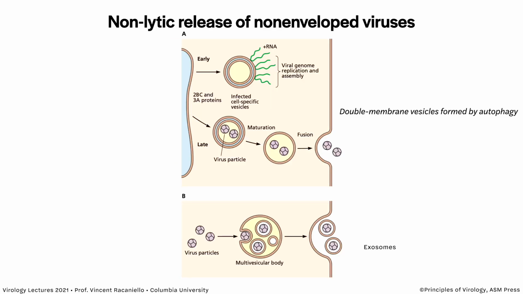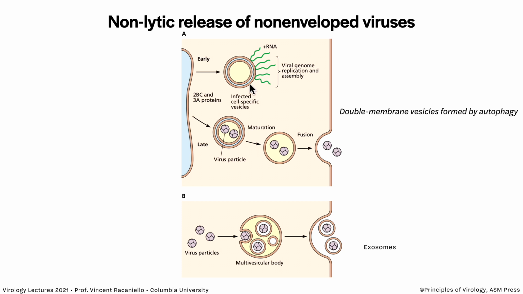But there's also a role for non-lytic release of non-enveloped viruses. For example, here is a cell infected with poliovirus, and in these cells, the viral proteins induce the formation of double membrane vesicles, and on the surface of those is where the RNA is replicated and where new particles are assembled.